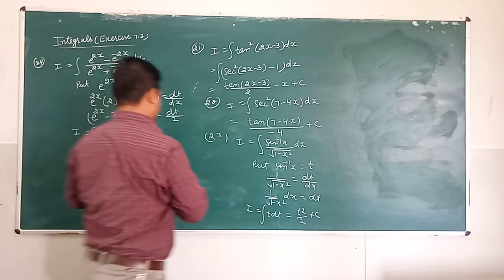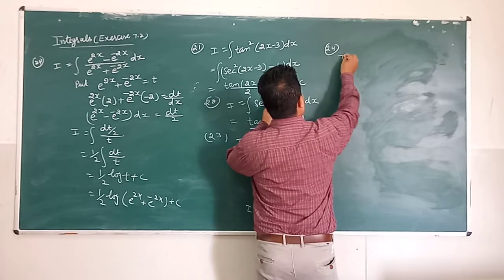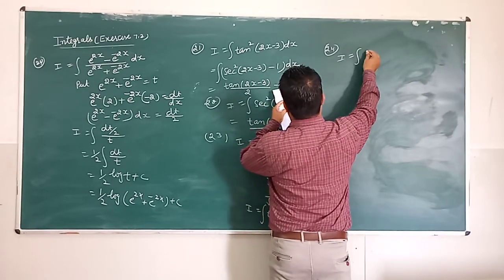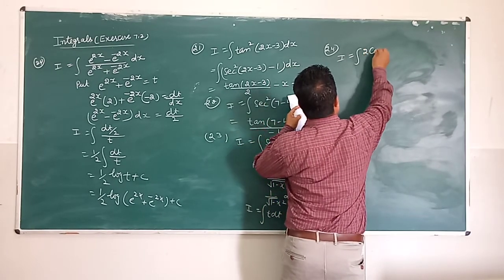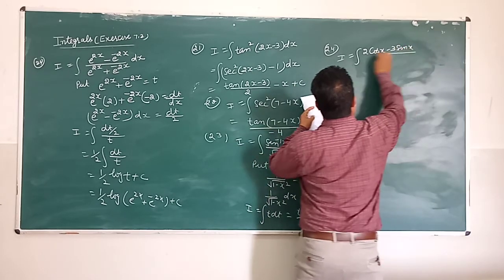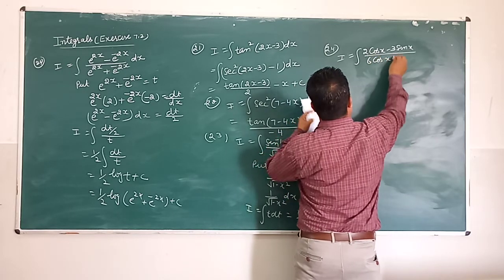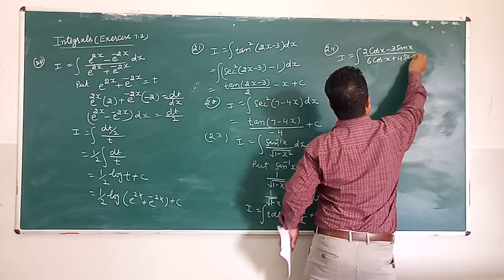In question number 24, the statement is I is equal to 2 cos x plus 3 sin x upon 6 cos x plus 4 sin x.